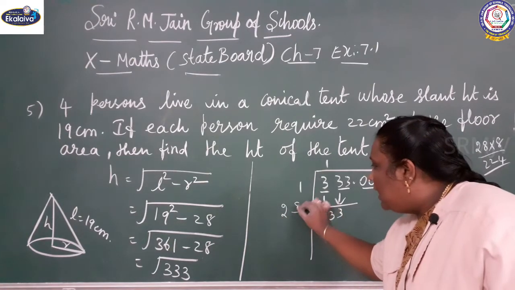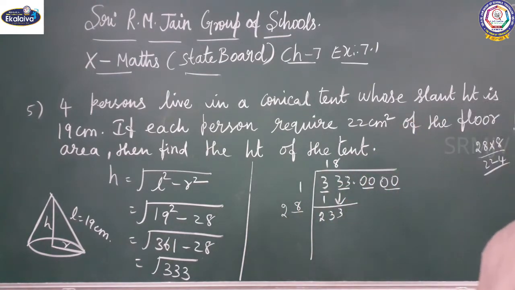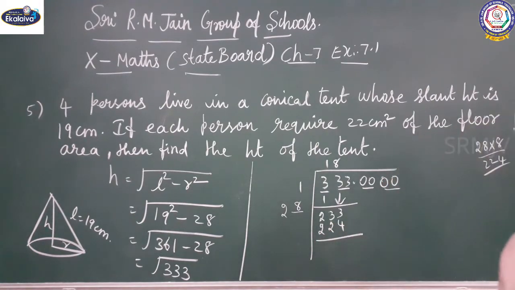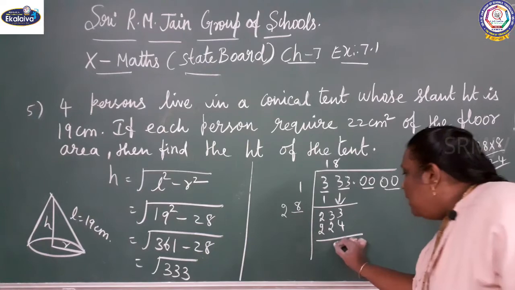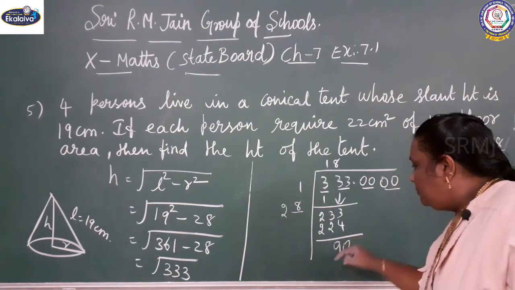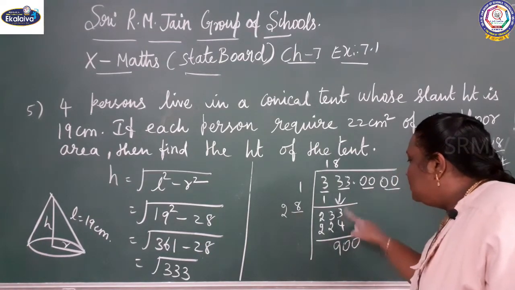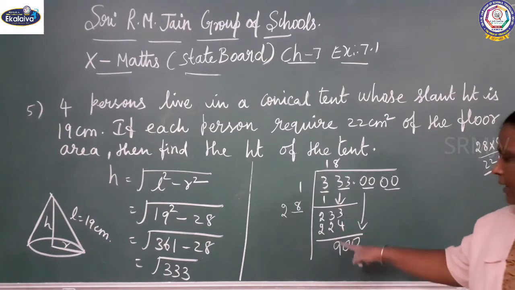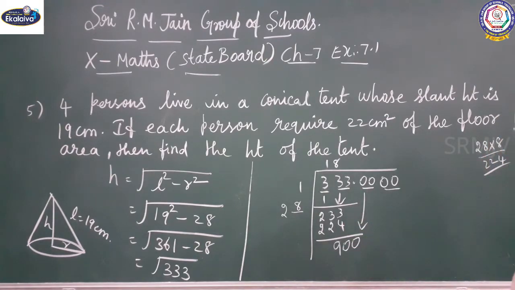So you can write 8 here. Subtract 224, the answer is 9. Bring 2 zeros down.